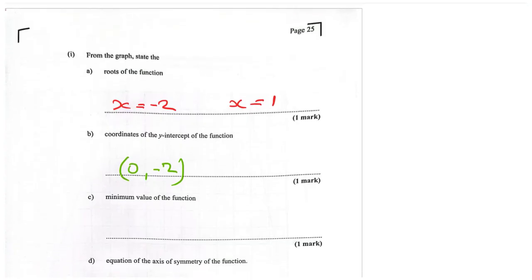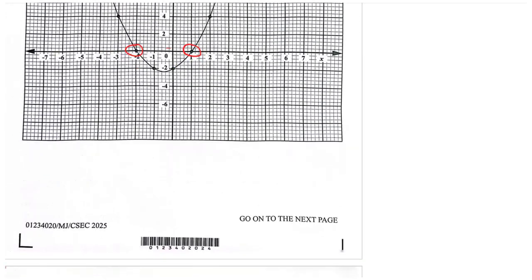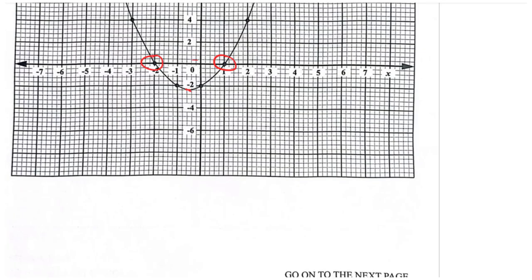Part C is asking for the minimum value of the function. Let's go back to our graph. For the minimum value, we're going to look for the lowest point on the graph, right here. Right? And if we move across, we get -2.4.